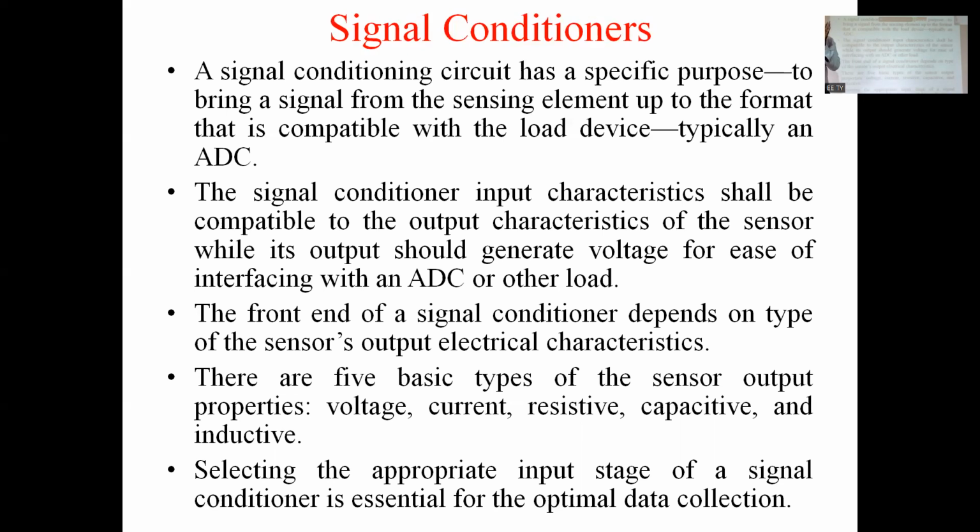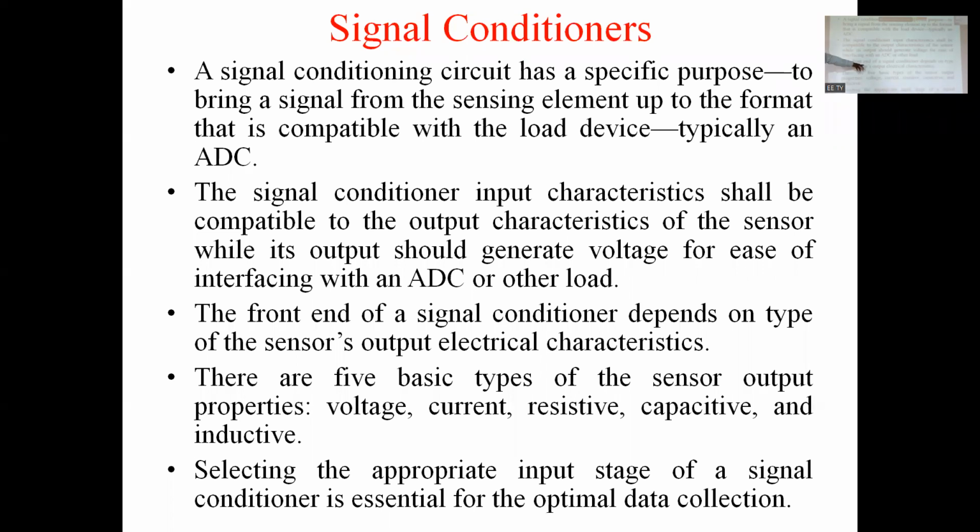Then we are able to interface each other. So this is the electronic circuitry required to interface the sensor element or sensing element to the microcontroller, or to the analog to digital converter. It is called the load device. So that interfacing circuitry has input characteristics which are similar to the output characteristics of the sensing element. Whatever the output characteristics of the sensing element are, it must be the same, and there we interface, right?